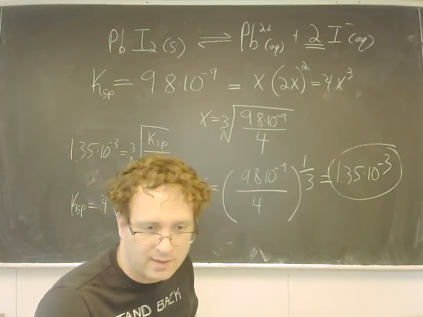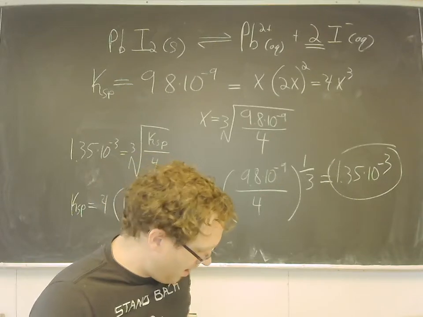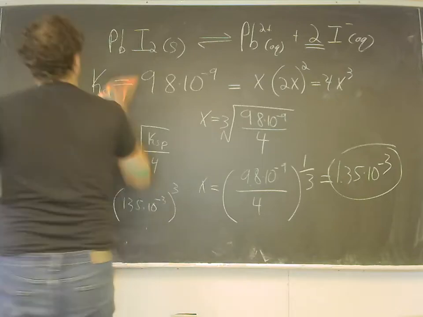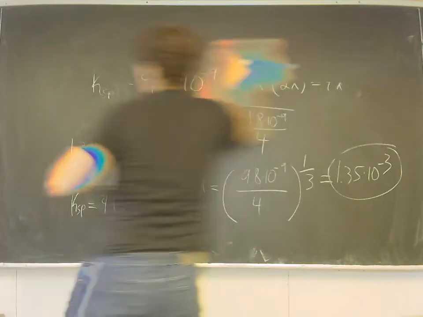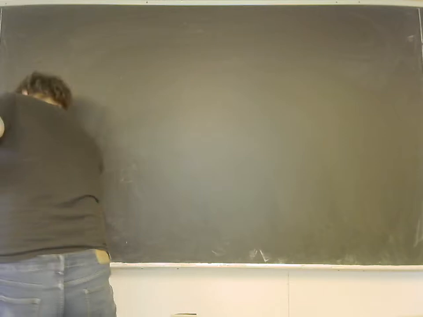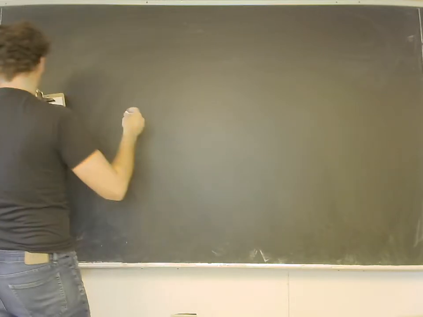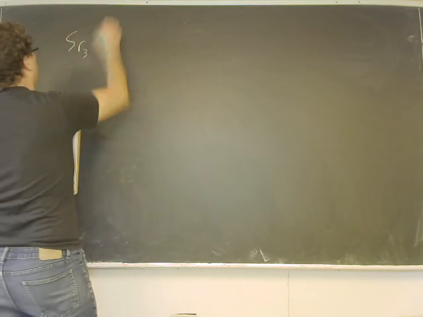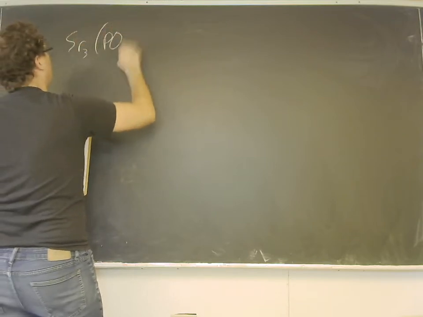Now, we can take the molar solubility for more complex salts. So let's look at a different example. Let's do strontium phosphate, Sr3(PO4)2.